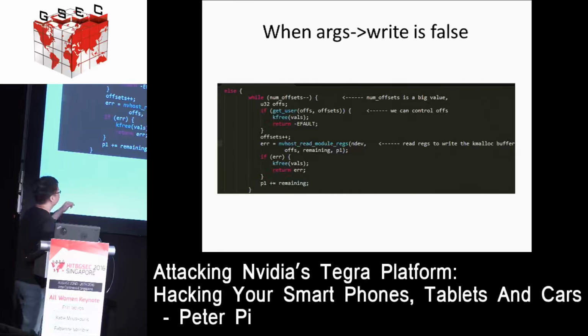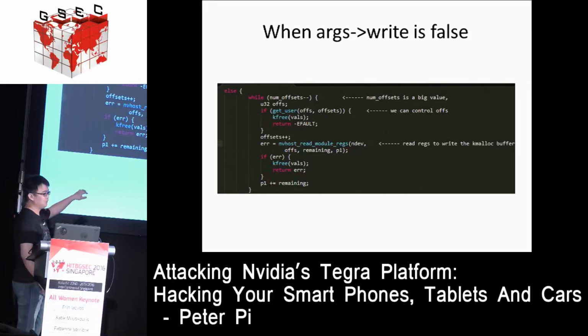When argues write is false, there is another branch, the else branch. The execution flow is similar to when argues write is true. In the while loop, we get an offset from user space by calling getUser, and then call NVhost read module register to read from the register, and then write the values to the kmalloc buffer.